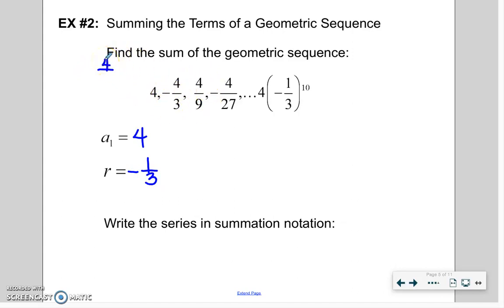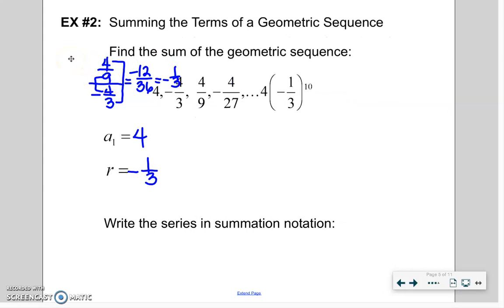So I could take 4/9 and divide by the term before it. I'm going to simplify by doing outer inner, which would give me -12 over 36, and that reduces to -1/3. So that would be how you could find the common ratio if you forgot how to do that from the last lesson.